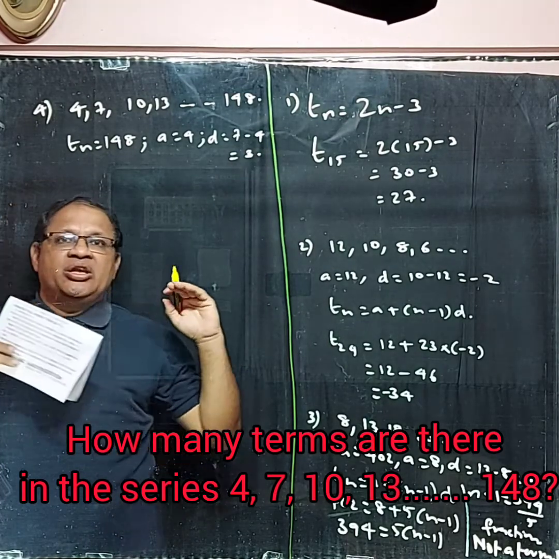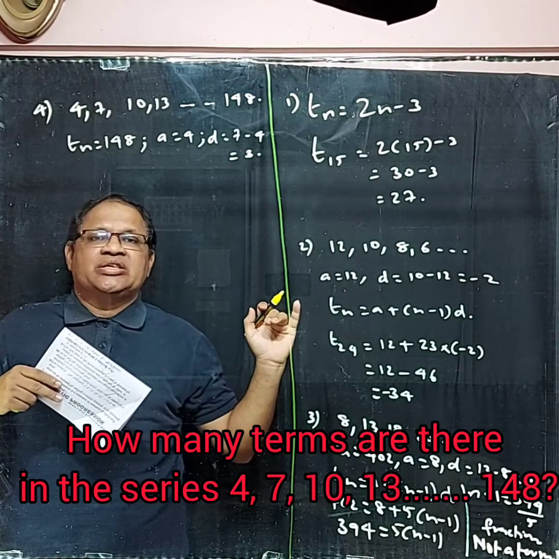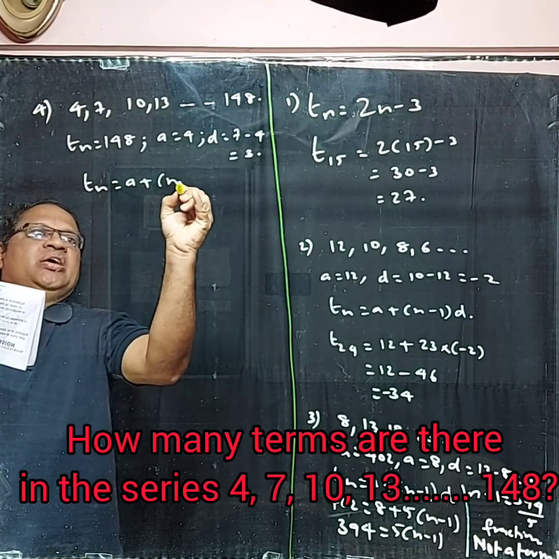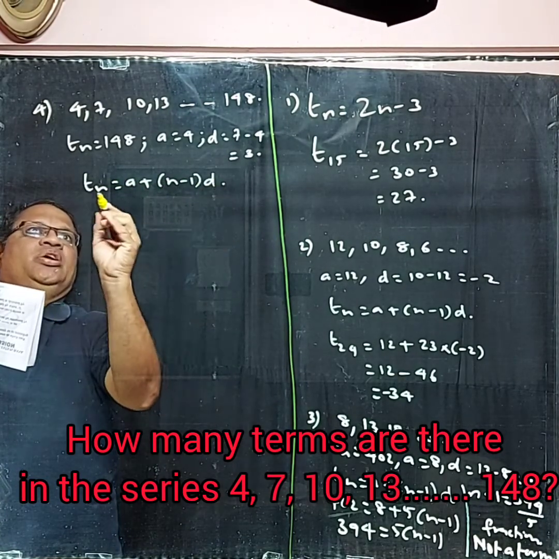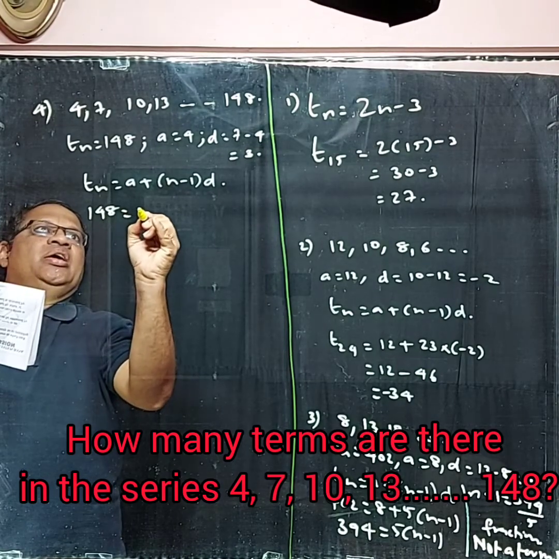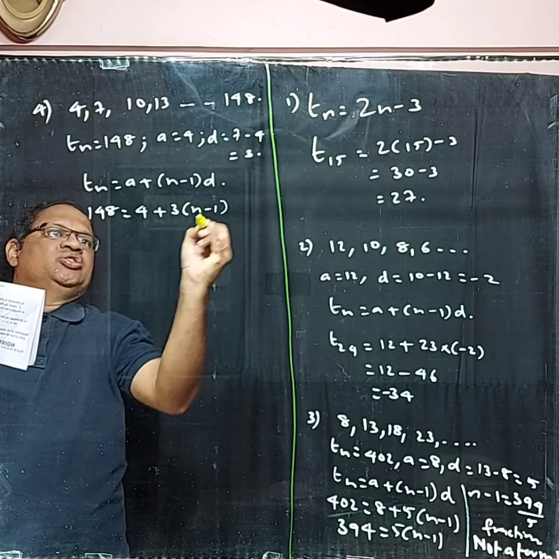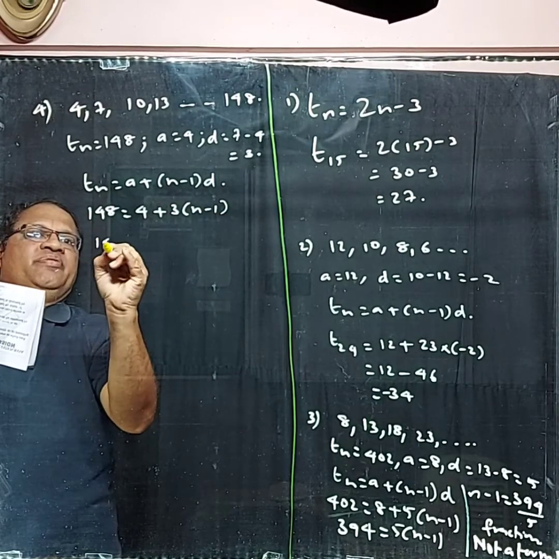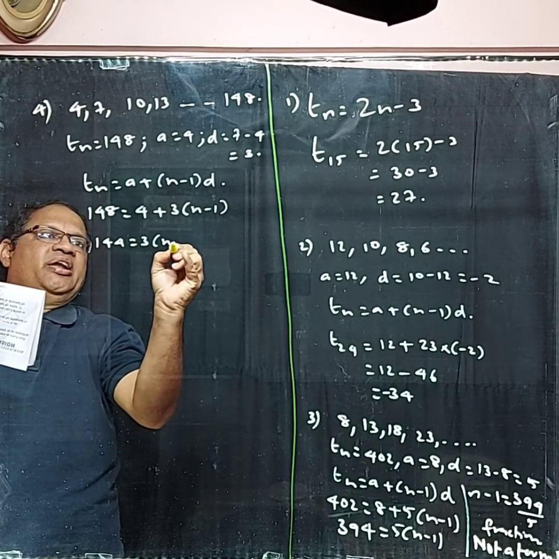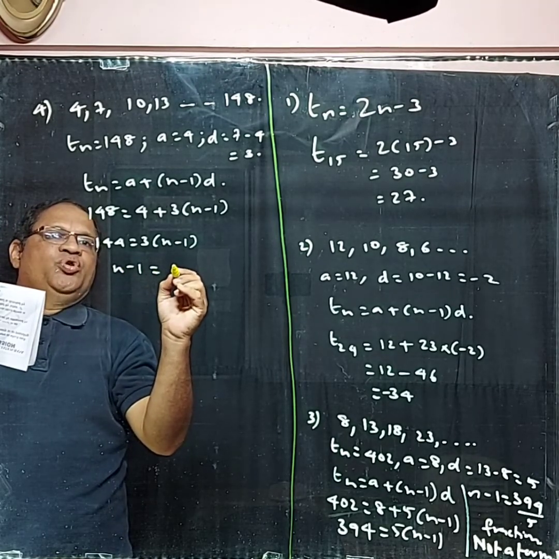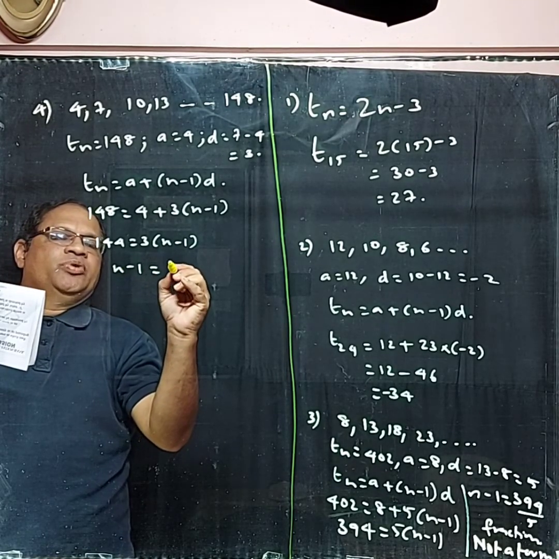And they are asking the number of terms, that is n. So again use the formula, Tn is equal to A plus (n minus 1)D. Tn is 148, A is 4 plus 3 bracket n minus 1. So send 4 that side, 144 is equal to 3 bracket n minus 1. n minus 1 is equal to 144 divided by 3.